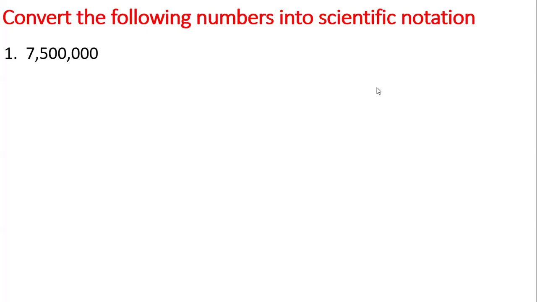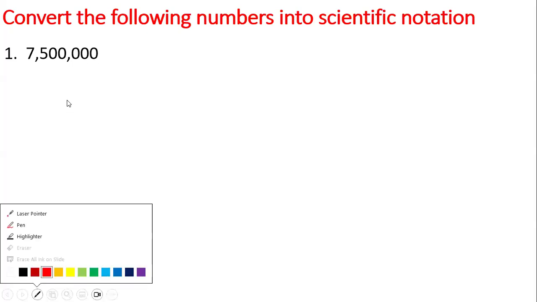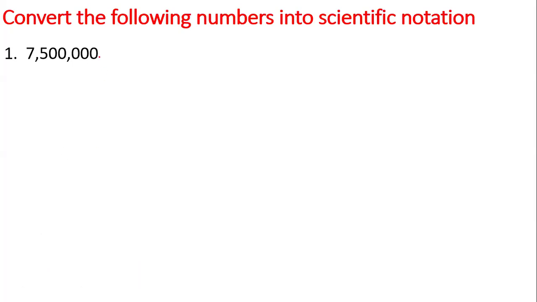So how are we going to convert this to scientific notation? We're trying to write this number in a smaller way. The decimal point is right here. You're going to move the decimal point over to the left, and we have to count how many times we move it.